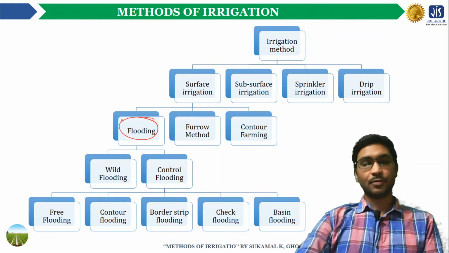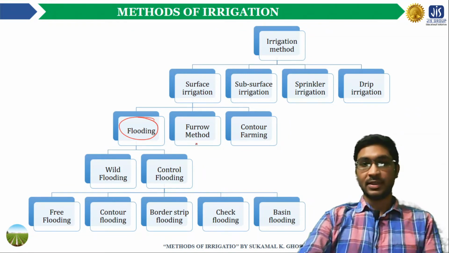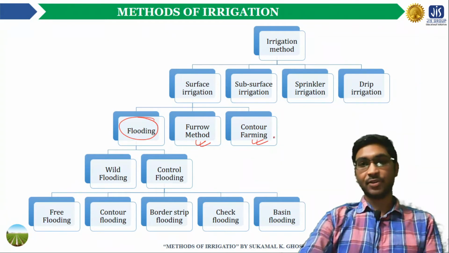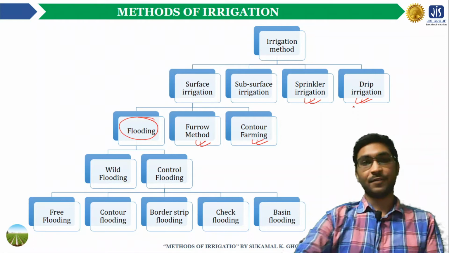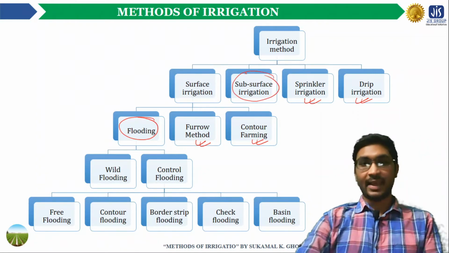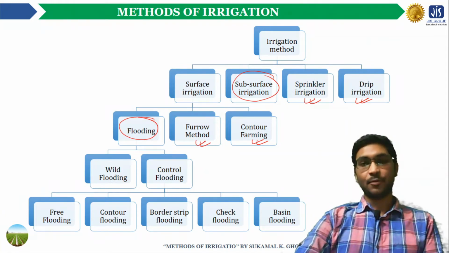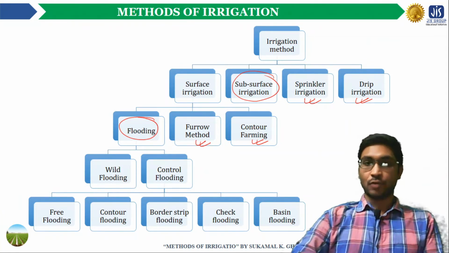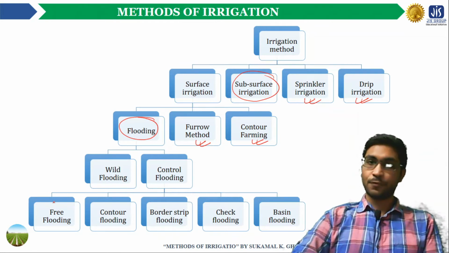Now we are going to cover the furrow method, the contour farming method, sprinkler irrigation and the drip method of irrigation. Subsurface irrigation has already been covered in our past lecture on types of irrigation. So let's discuss first the furrow method.